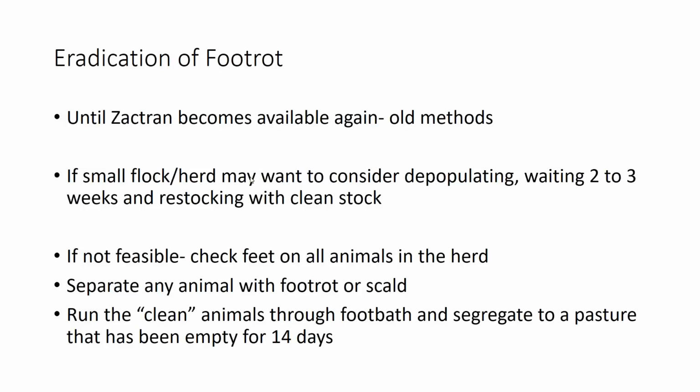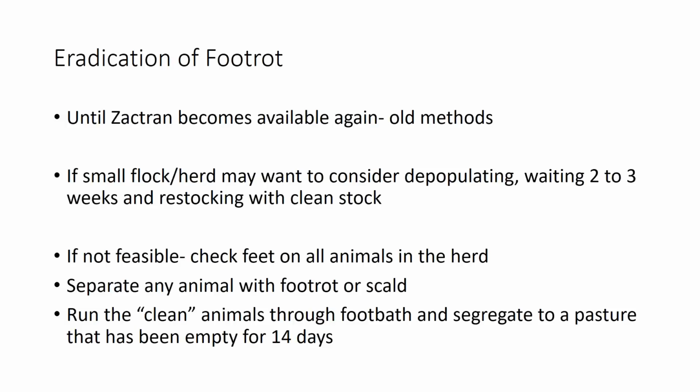So these are the old methods, and that's what we're going to have to use until Zactran or gamithromycin becomes available. If you want to eradicate foot rot, and I'm the sheep specialist in a farm flock state, so we have a wide variety of operation sizes here, a lot of smaller flocks, when people call me or email me about foot rot, I'll give them this option because it's a very effective option: if you just can't get rid of it, just sell them all.